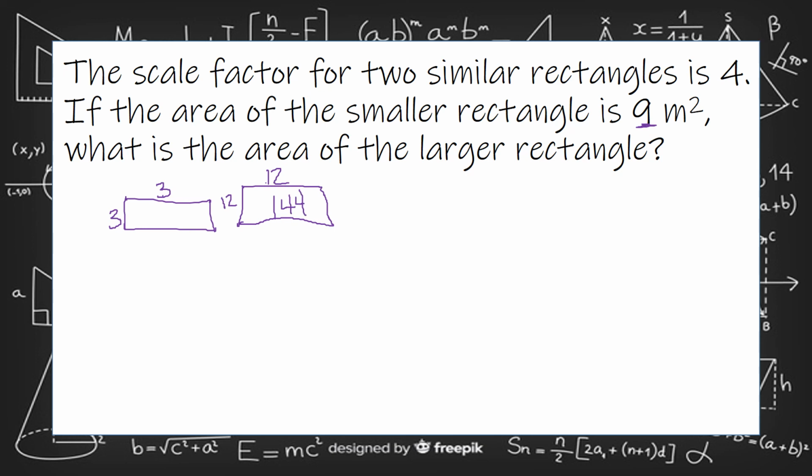Now, how could I figure that out without drawing a picture? So I've got 9 meters, and I'm going to multiply it by a scale factor of 4. But because we are dealing with area, and these meters are squared, you have to multiply it by the scale factor, because it scales the side of the building, and it also scales the other side.